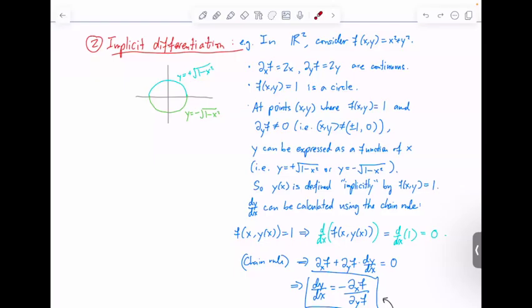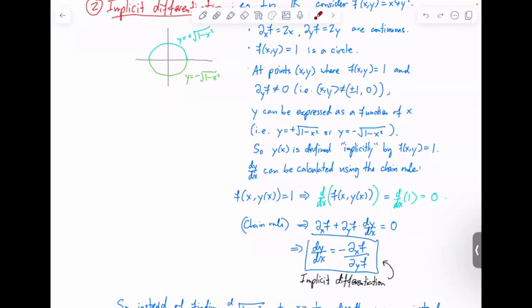Now I could differentiate both sides of this. On the left-hand side, I take d/dx of this. I haven't evaluated yet, but I'm hitting this with a derivative. On the right-hand side, because this is always equal to 1, I hit it with a derivative in x and it doesn't change. The derivative of a constant is 0. Now I could apply the chain rule to this part here. What the chain rule says is I could differentiate f in terms of x.